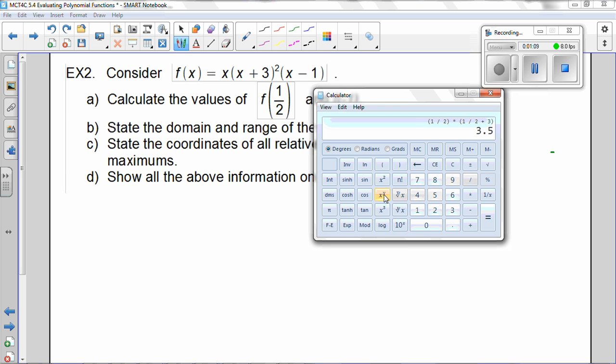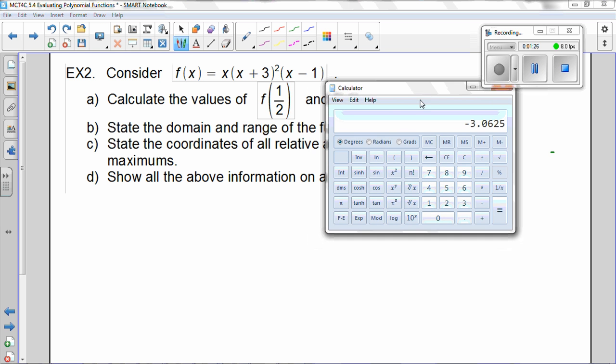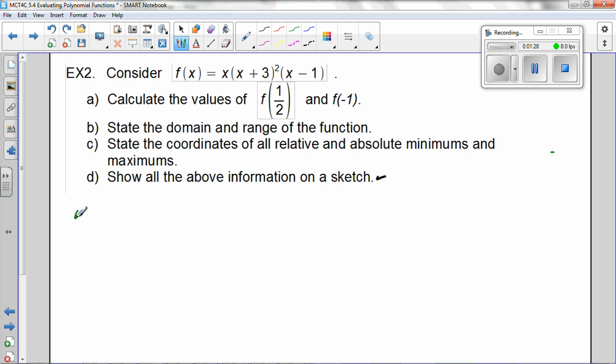Bracket to the exponent 2 times bracket 1/2 minus 1 bracket equals, finally, and I get negative 3.0625.